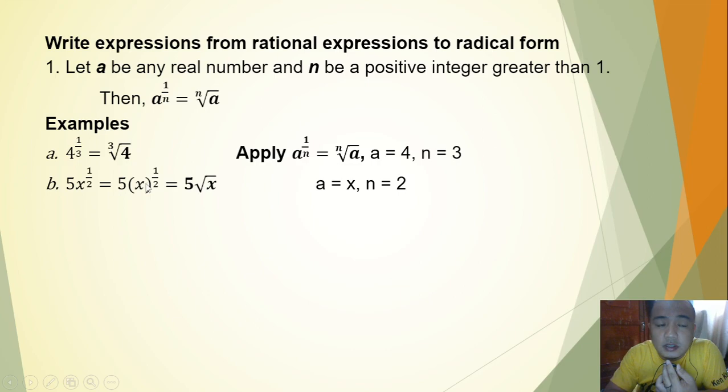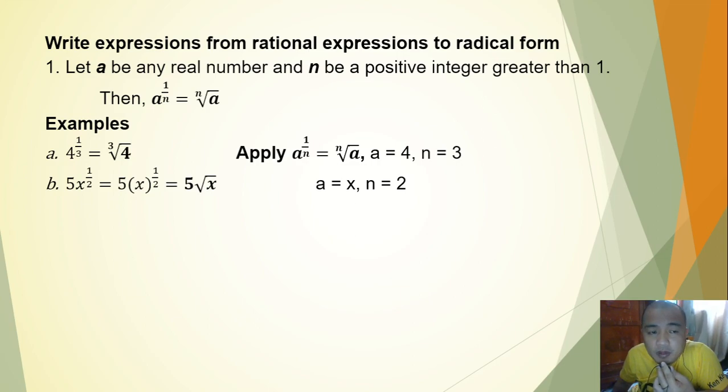Since x has only the fractional exponent 1/2, the inside of the radical sign is only x, not 5. 5 is actually the coefficient. So 5x raised to 1/2 means 5 times the square root of x.